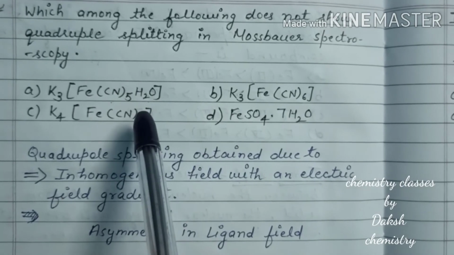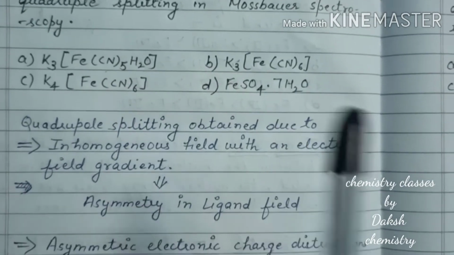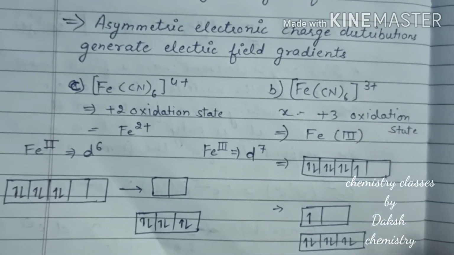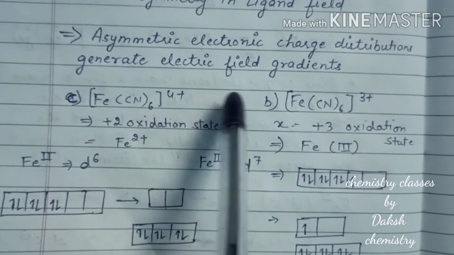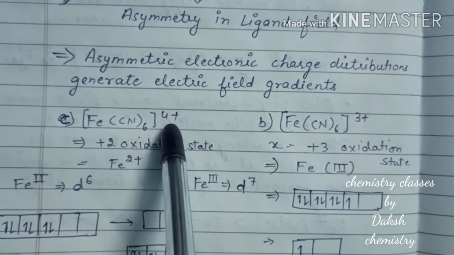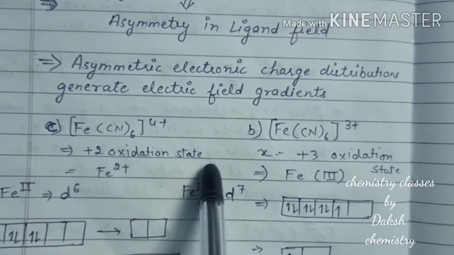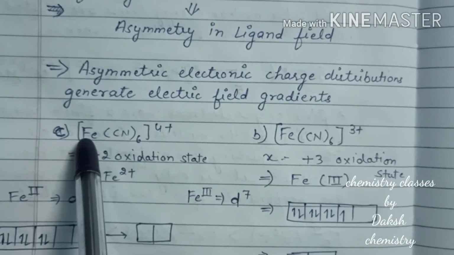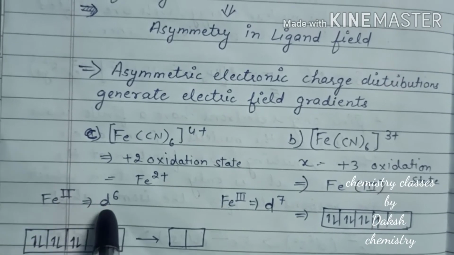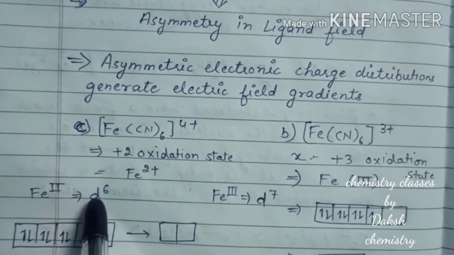Now see options C and B. In this one and this, [Fe(CN)6] 4-, we will get the +2 oxidation state for the iron atom. In the +2 oxidation state, 6 electrons are present in the d orbital.